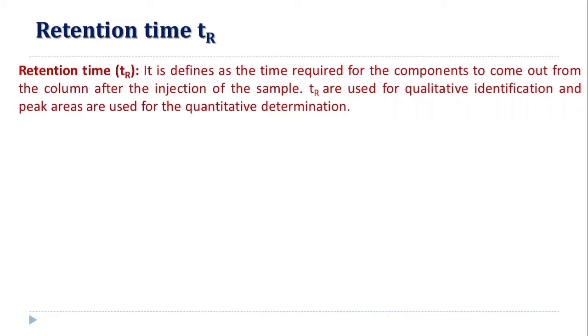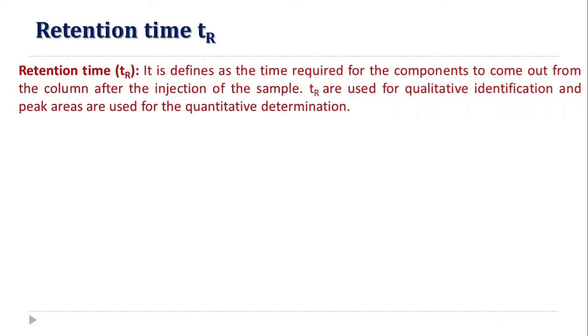Like the RF value, the retardation factor, which is a characteristic value of a particular component, we can identify the components by using the RF value. Similarly, we can identify the components present in the sample by using retention time. The graph obtained in the chromatogram is in the form of peaks, and the peak area can be used for the quantitative analysis of the sample.